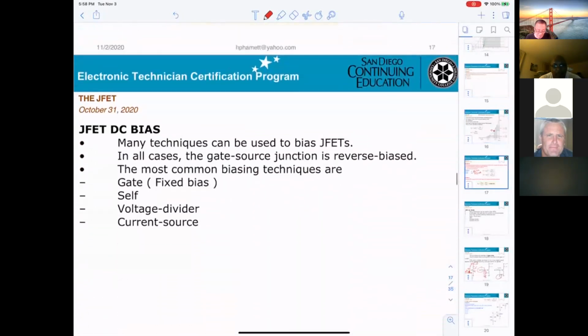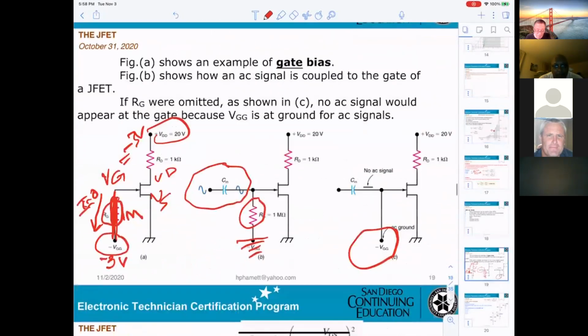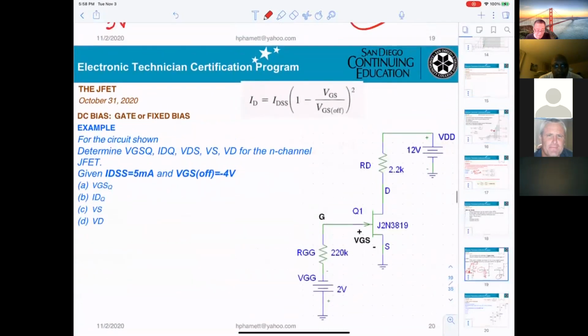Now they give you IDSS of 5 milliamp, VGS off of minus 4 volt. They want you to calculate VGS Q, IDQ, VDS, VS, VD.